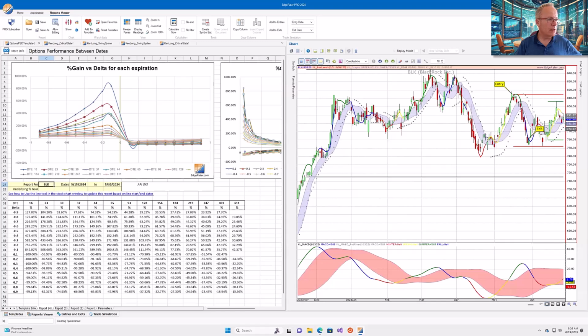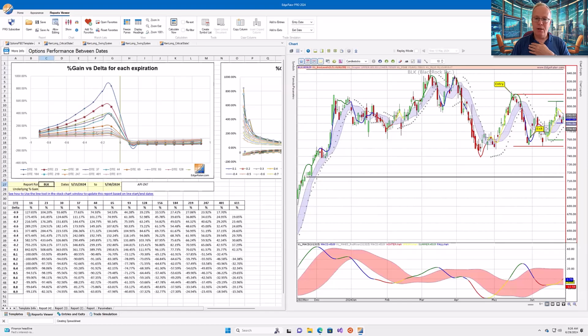And then all of these lines will tell you the gain for all of the other options. And the table below gives you the actual numbers. This is using real data. It's not just made up using various implied volatilities. It's actually looking at the options data for end of day. So these are real numbers. And you can do this on any chart that has options. You can just draw a line between 2 points and it will tell you the gains of the options.